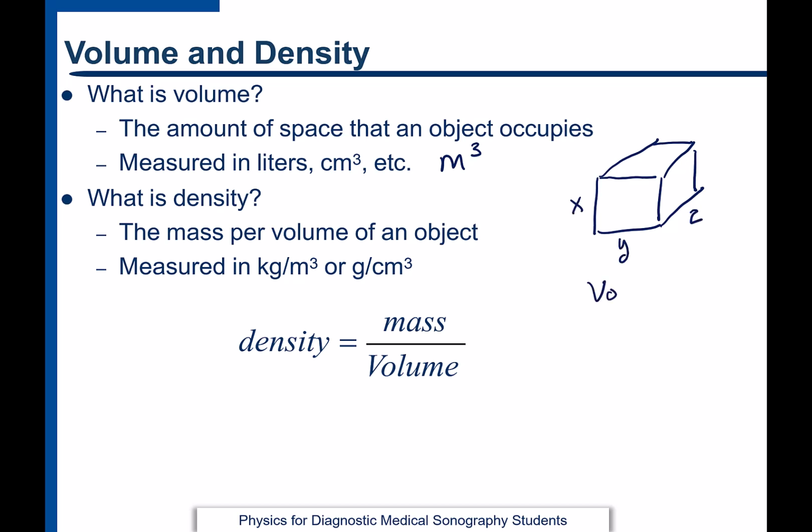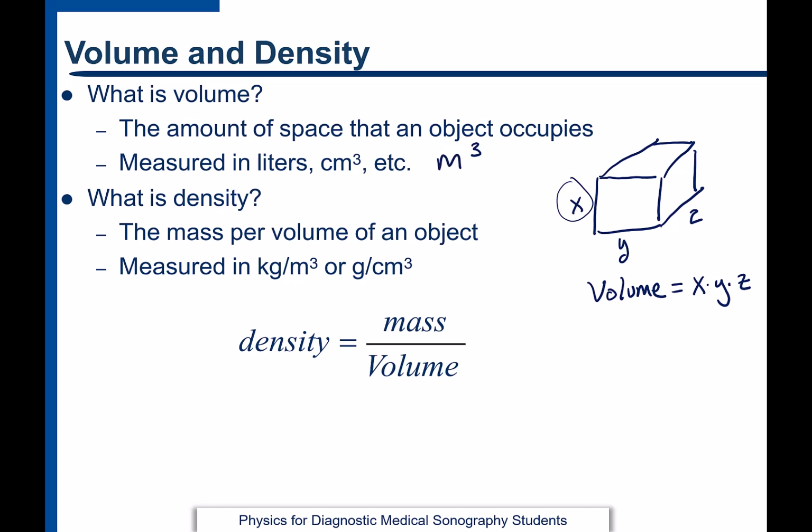The volume of that cube or block would just be x times y times z. And so you'll notice that we've taken a length times a length times a length, and that's why we end up with cubic meters or cubic centimeters. A liter is simply a dedicated unit of volume, so that's why it doesn't have a cube to it.